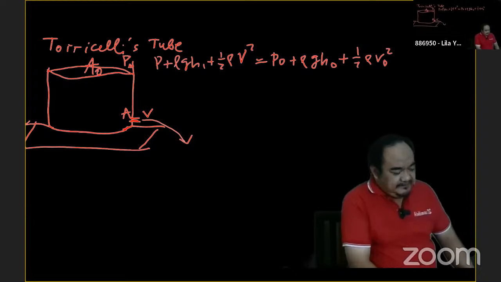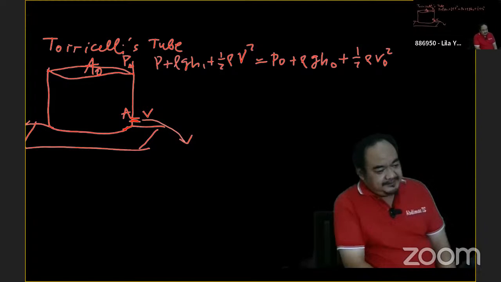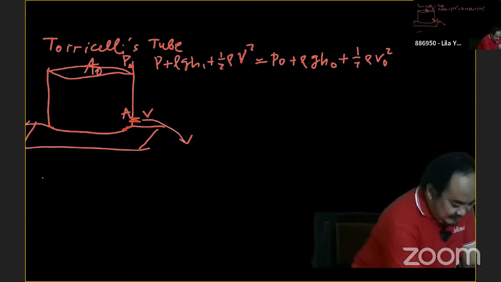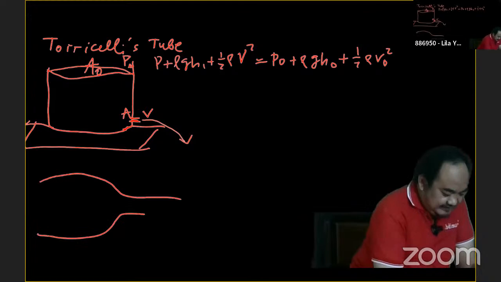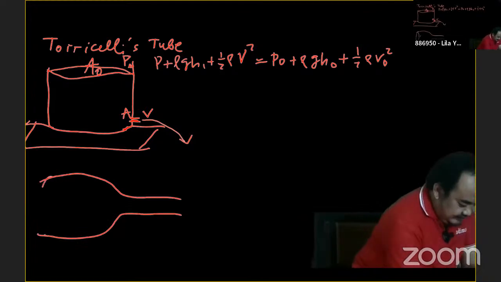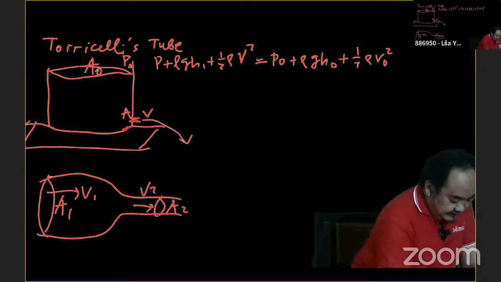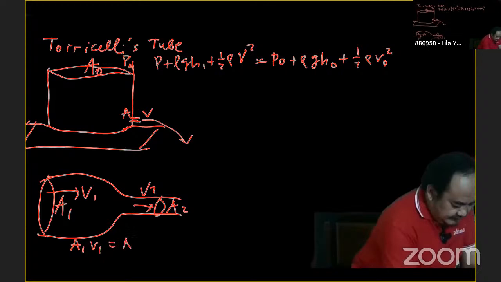Oh, sorry, I forgot to explain about the continuity of fluid. If we have the different area here, A1, and then this one is A2, and then the velocity here is v1 and this one is v2. You can apply the continuity equation as A1 v1 equals A2 v2.